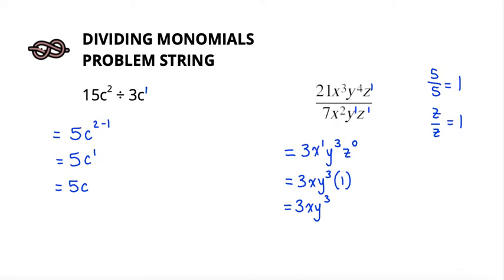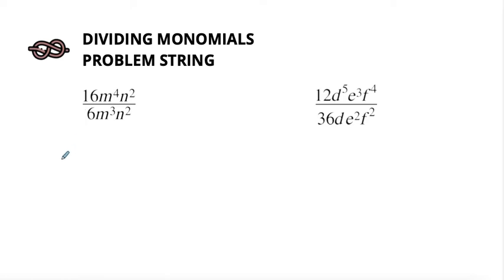All right, let's take a look at a couple more examples. Sometimes your fractions, your coefficients aren't going to work out nicely so that they make a whole number at the end. And that's okay, so don't be afraid of those. So let's take a look at these ones. So 16 divided by 6. Well, 6 doesn't divide evenly into 16. So I'm going to put this into lowest terms. So we've done this before when we looked at fractions.